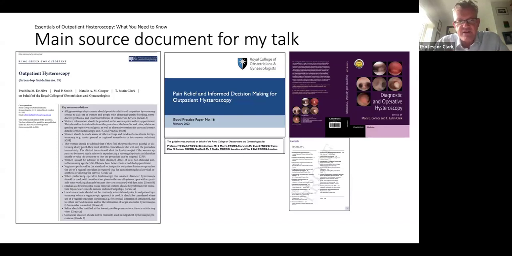So I would point you to Green-top Guideline 59, but it's quite comprehensive guidance, and it underpins a lot of what I'm going to tell you now from an evidence-based point of view. I also authored guidance on behalf of the Royal College of Obstetricians and Gynaecologists, what we call a good practice paper. Again, it's open access, and it's possibly a more digestible, more clinician-friendly document, trying to provide day-to-day practical information and advice on how to successfully conduct hysteroscopies.